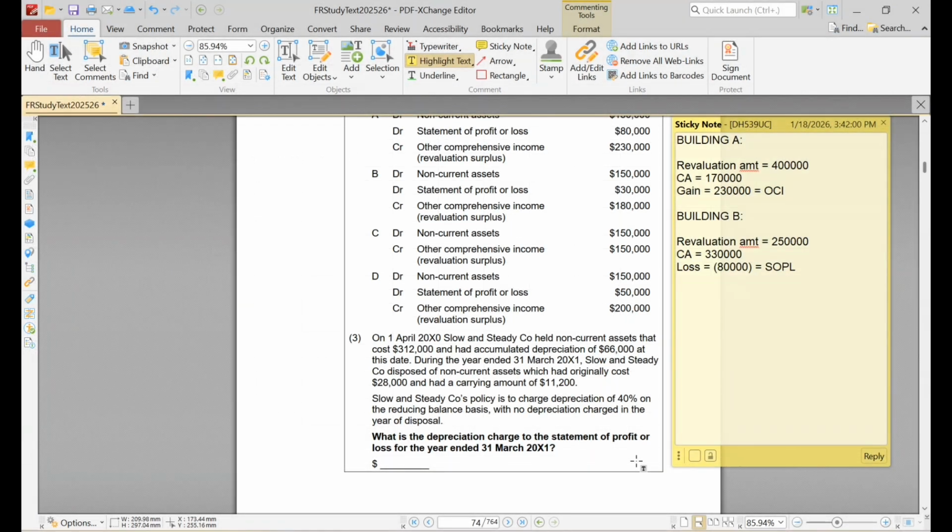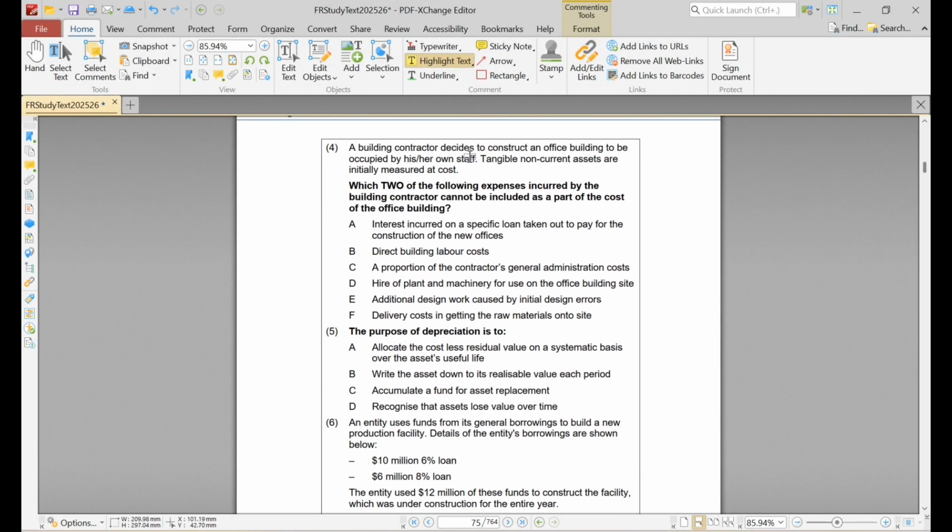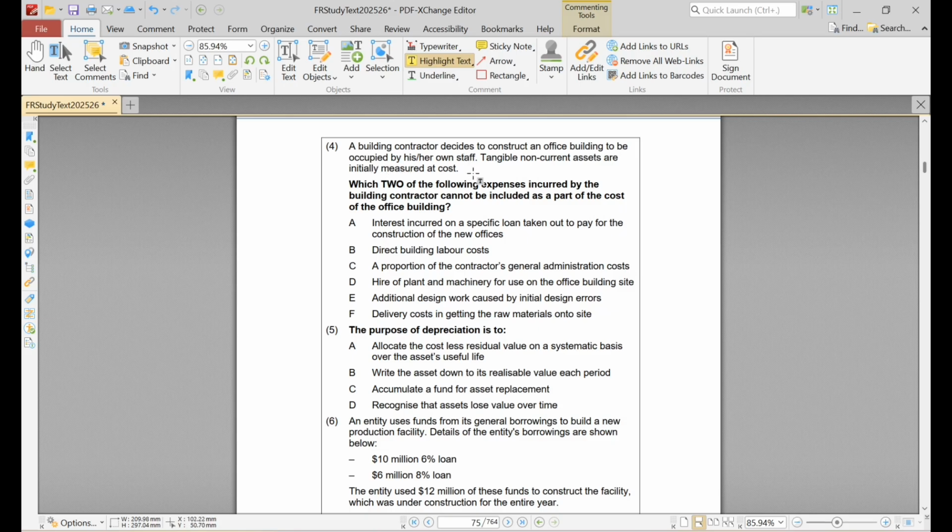But since a part of the asset is being disposed, that is 11,200 is being disposed, we need to calculate depreciation only on the remaining value, which is 2,34,800. So on 2,34,800, we calculate the depreciation of 93,920. So this is the depreciation that would be charged at the year end.